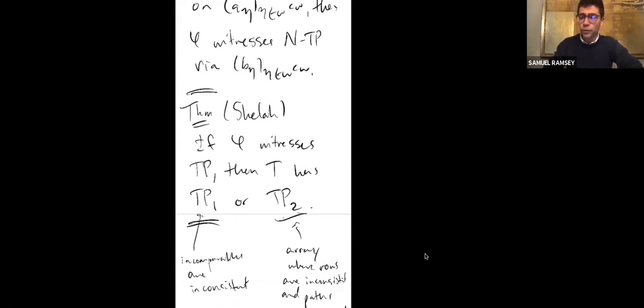And okay, this proof, to write it properly, is a bit grungy, I know, but without even writing anything, let's try to reconstruct the architecture of the argument so that people can hold it in their head. So step one, you assume that you have a witness to the tree property that is not a witness to TP2.